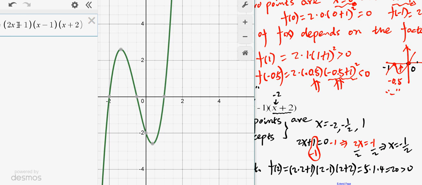So you should have a negative. And then you plug in right here, you also get negative. You plug in negative 1 here, plus 2, you get positive 1. You plug in negative 1 here, 2 times negative 1 is negative 2. Negative 2 plus 1 is negative 1. So here is negative 1.